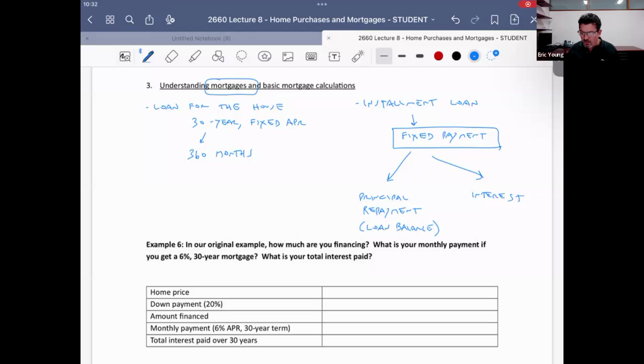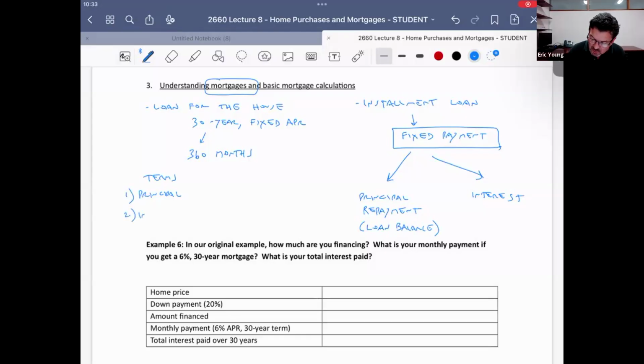Okay? Remember, whenever we're talking about a loan, we've got a few big ideas. We've got the size of the loan, we've got the interest rate, we have the term. So when it comes to a mortgage, our big terms include the principal. This is the amount that you're taking out, the balance of the mortgage loan.